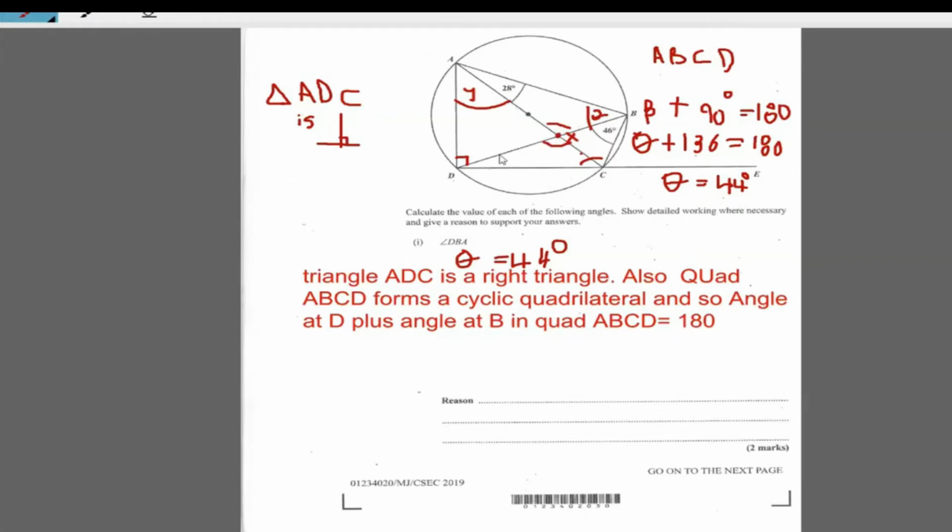And so this angle is also going to be 28, and this angle is also going to be 44. We know that theta is already 44. So this angle is actually 108.